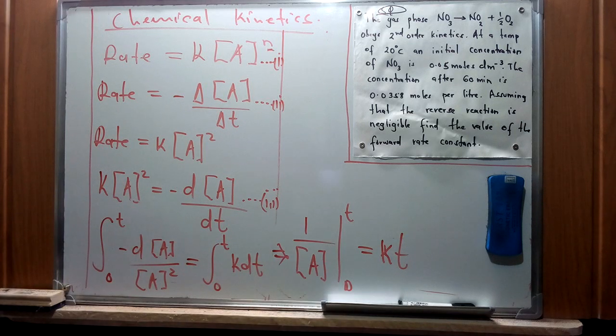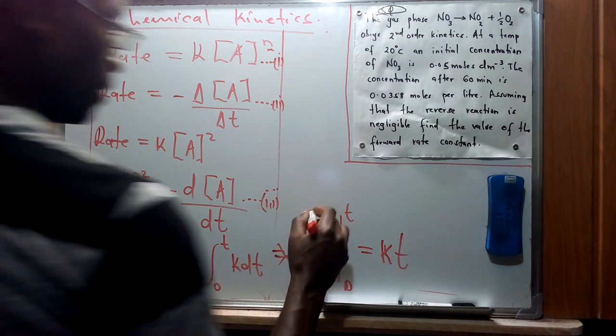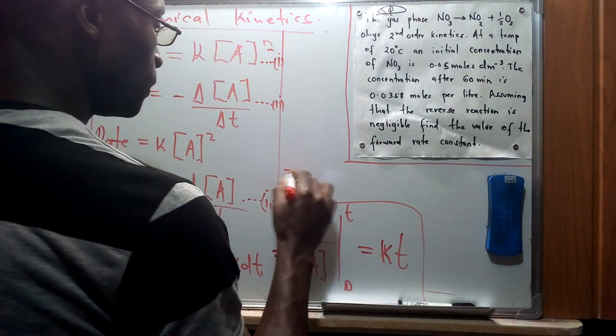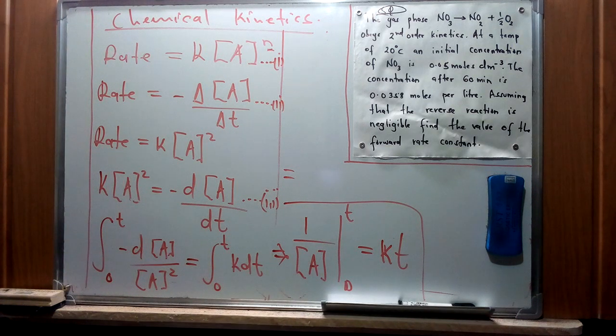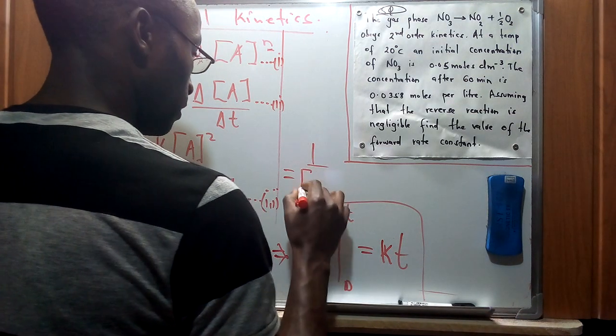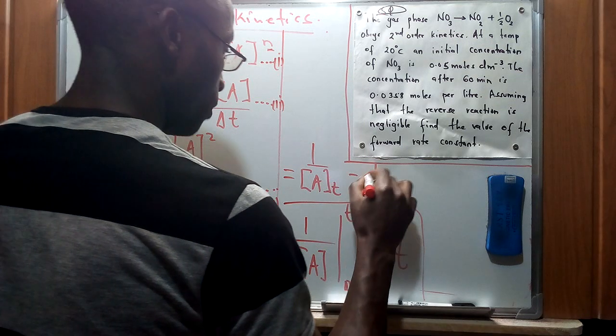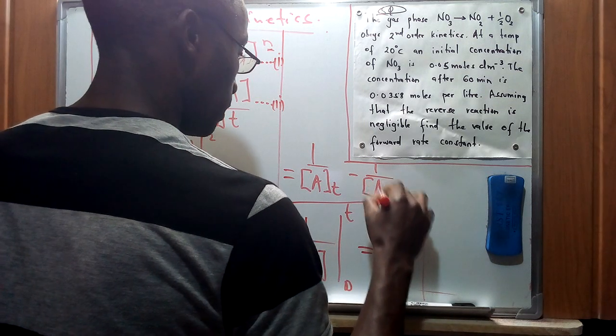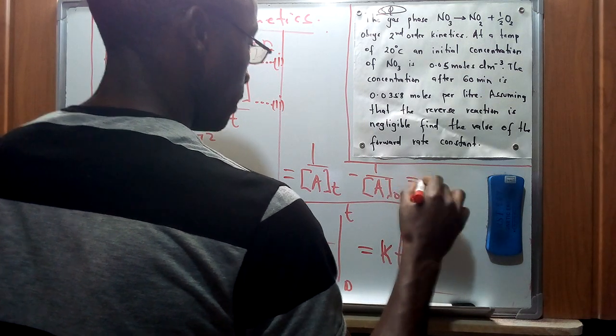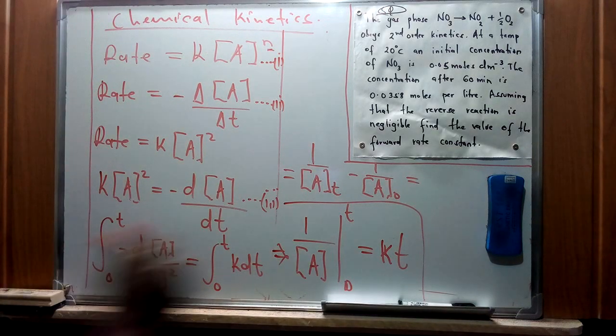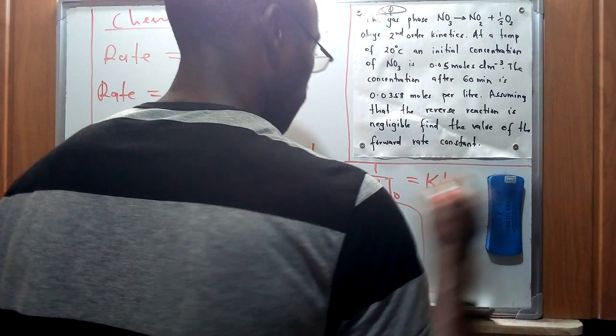So if I try to factor out for t in that integral, I'll find this one will give me the concentration at t minus 1 over the concentration at 0, which is going to give me kt.